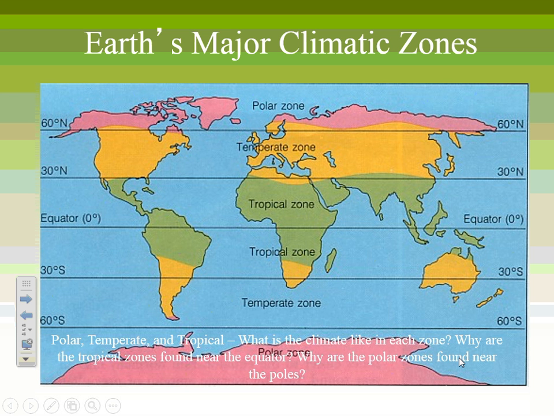All of those factors together are what's contributing to our Earth's major climatic zones. So we've got polar, temperate, and tropical.